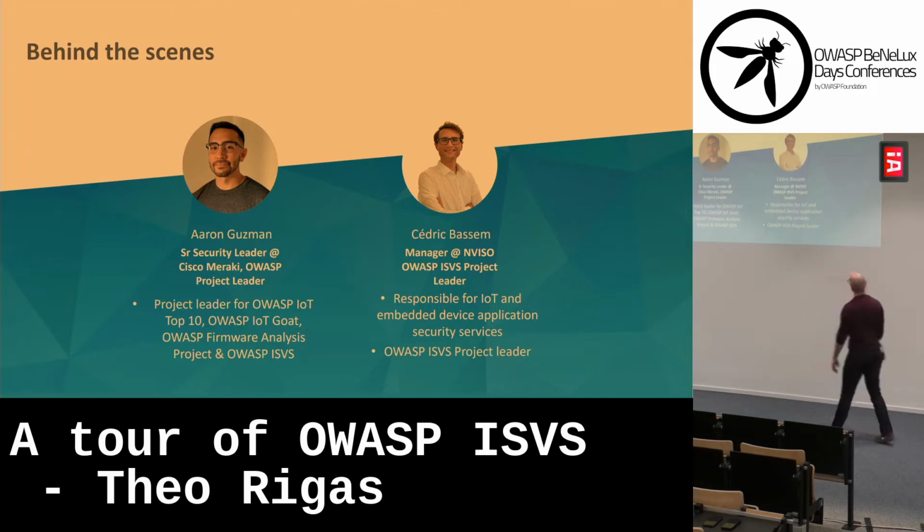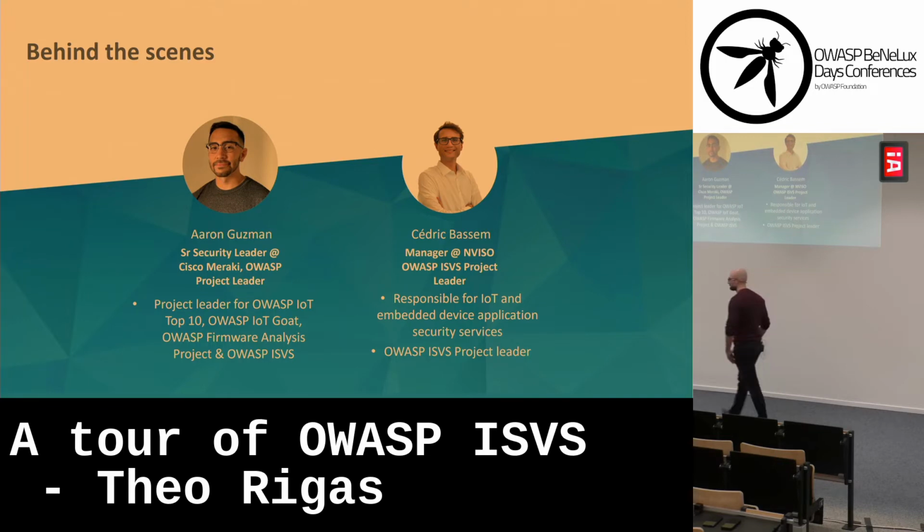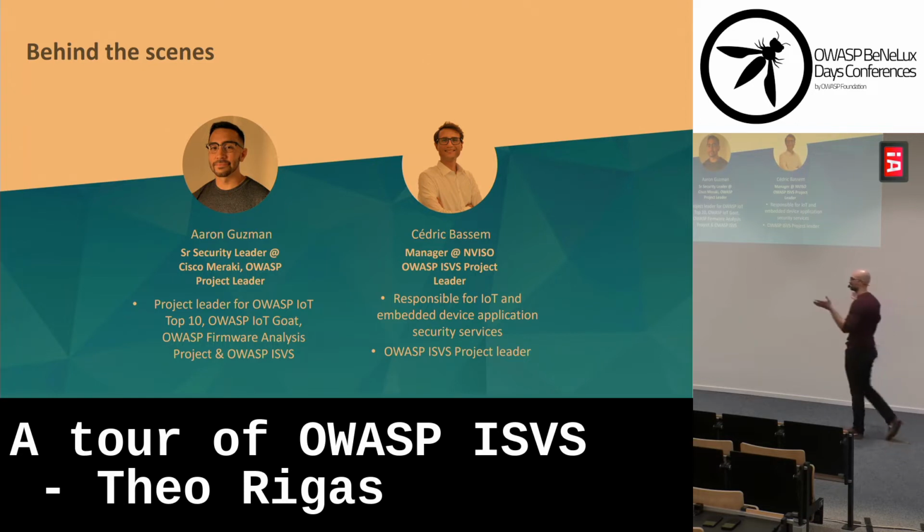And then you have Cedric, who is a colleague of mine at Envico, and he's responsible for our IoT and embedded device application security services. So those are the two people that got into a room, basically, or probably a Teams meeting, a couple of years ago, and came up with the idea to kickstart this OWASP project.